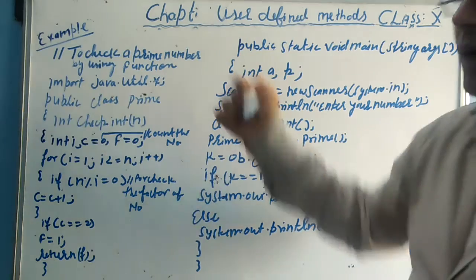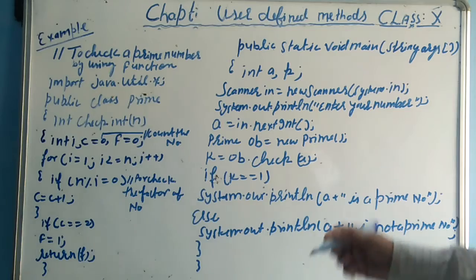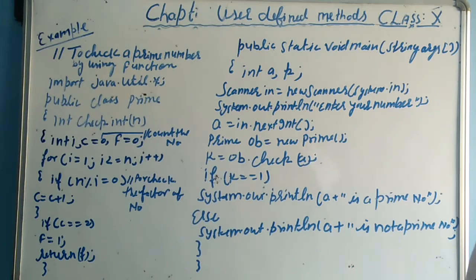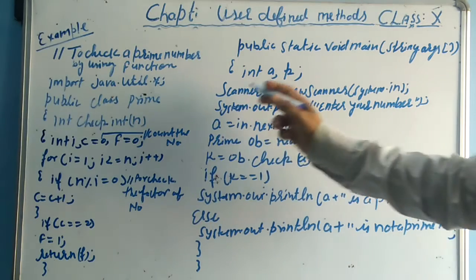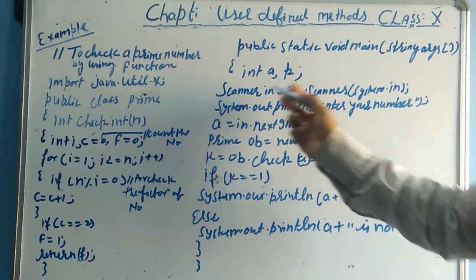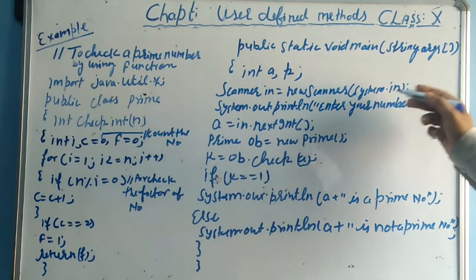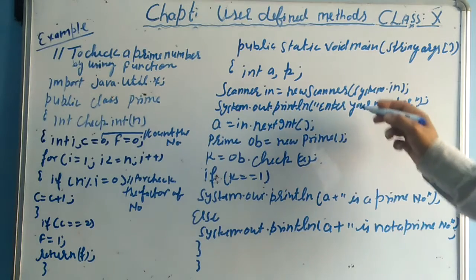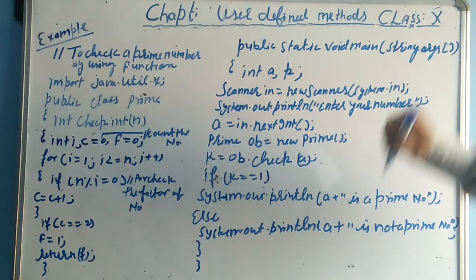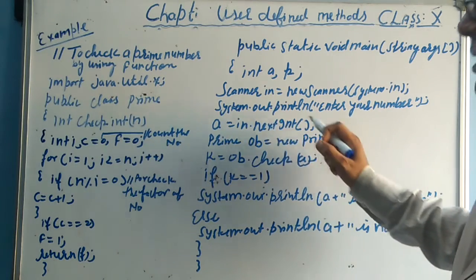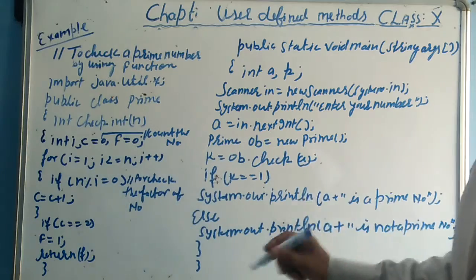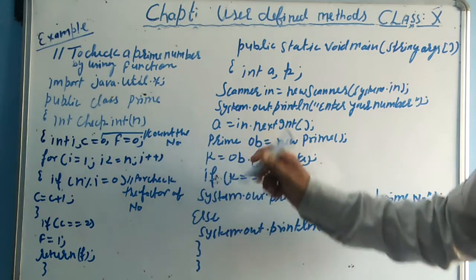We are using a function here. Then we have to give the value, so we use one statement, suppose Scanner in is equal to new Scanner(System.in), System.out.println("Enter your number"). When you give the number, a is equal to in.nextInt().